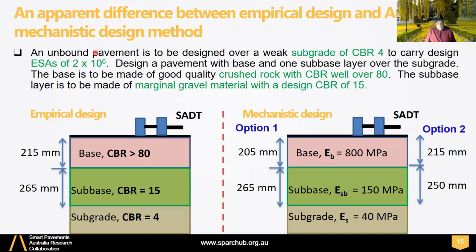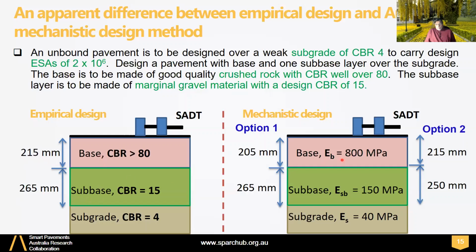So you may need to be aware of that as well. There is an apparent difference between the empirical design and the Austroads mechanistic design method, as I explained. In addition, if you have a two-layer system for the base and sub-base, you will have more changes. For example, in empirical design, we got for that example 265 and 215 for the sub-base and base.